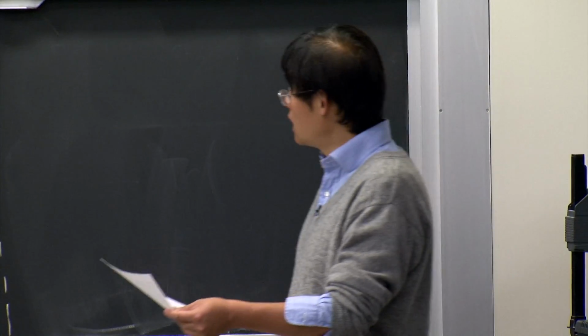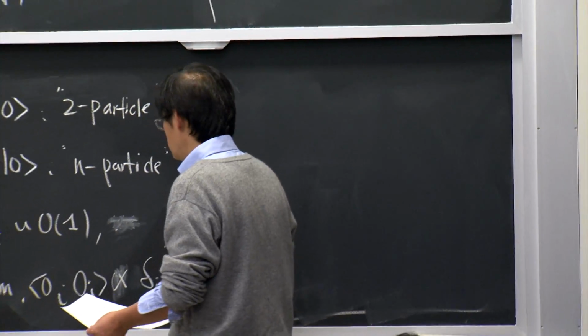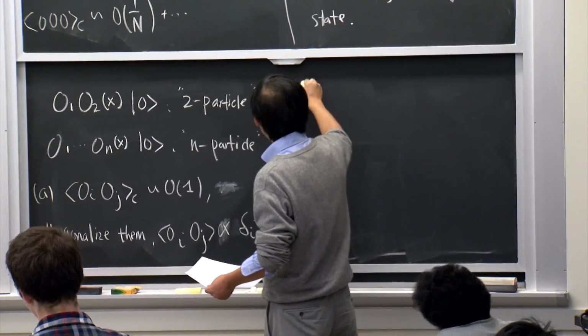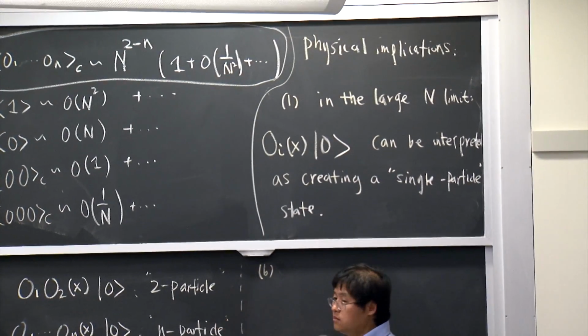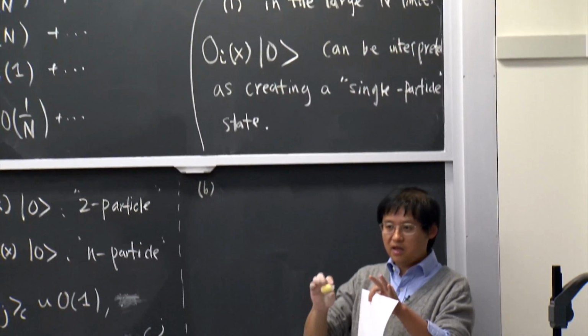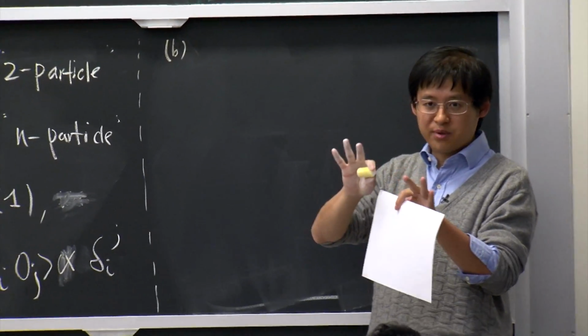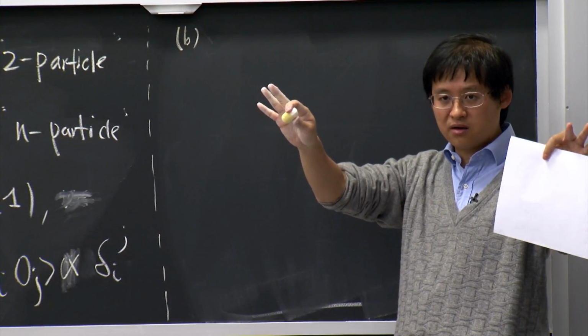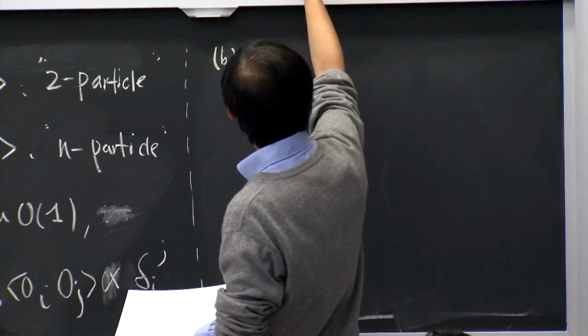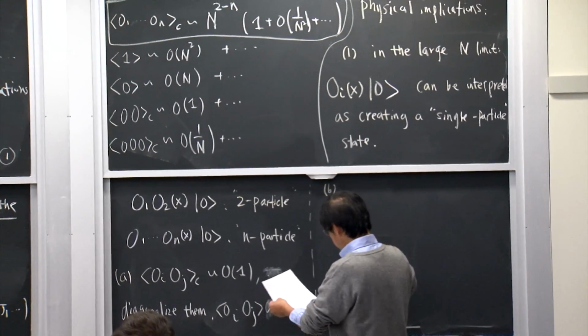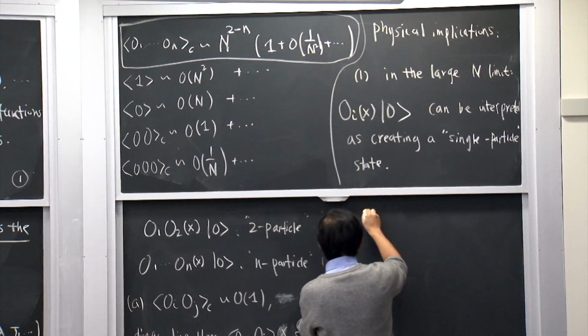And now the second statement. If you want to call these single particle, 2-particle, multi-particle states, then they should not overlap, because a single particle cannot overlap with 2 particles, etc. To see the overlap between a single particle and a multi-particle state, you look at these correlation functions.